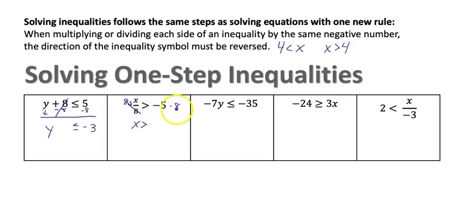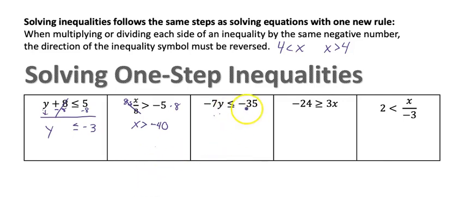I have a negative 5 times 8. Well, negative 5 times 8 is negative 40. Now you might be thinking, it's negative, do we need to reverse the symbol? The answer is no, because we multiplied by positive 8. If we multiply by a positive number or divide by a positive number, we do not reverse the symbol.